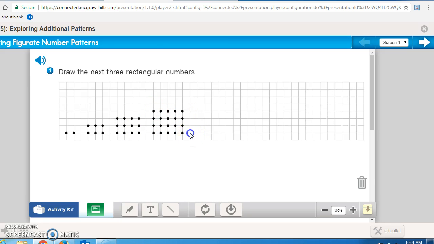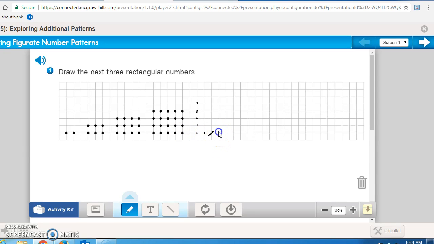So next when we start drawing, I need to be actually counting 1, 2, 3, 4. Well, if I go up 1 more, I would be going up to 5, 2, 3, 4, 5. And I'd be going over 1 more, so I'd be going over to 6. 1, 2, 3.